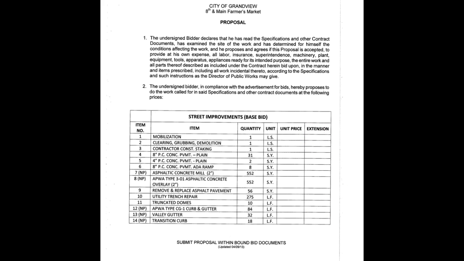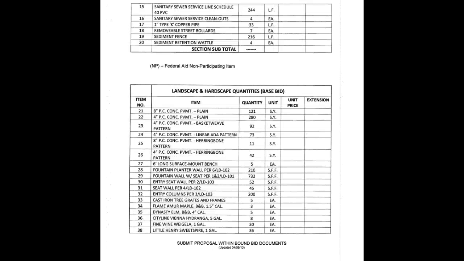So you're going to go through your proposal and complete this particular set of pages. You're going to make the entries in unit price and extension. You see this proposal is broken into several sections. You have to fill in unit prices in all the sections. You have to subtotal them and put in the prices for all different work.